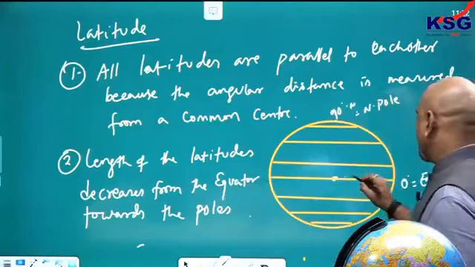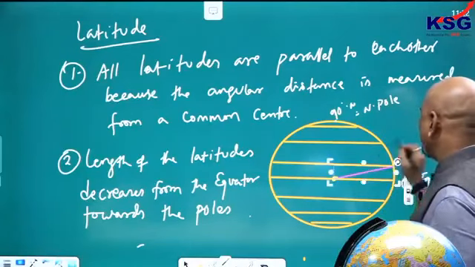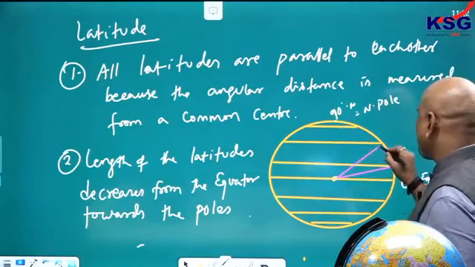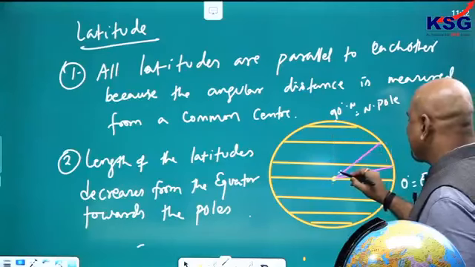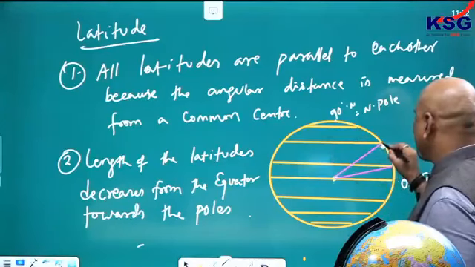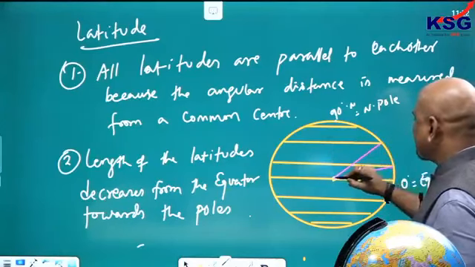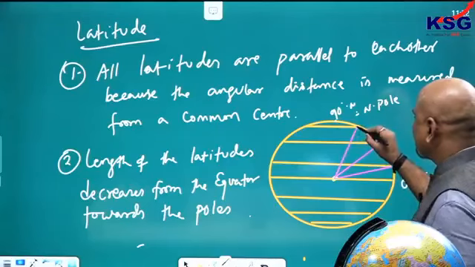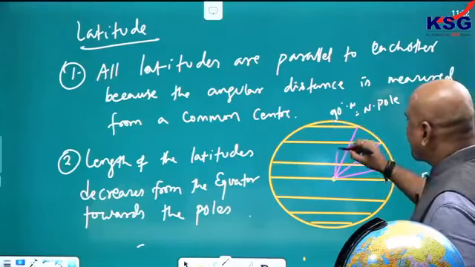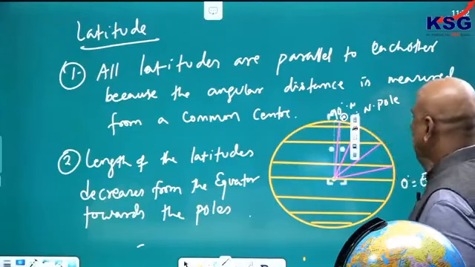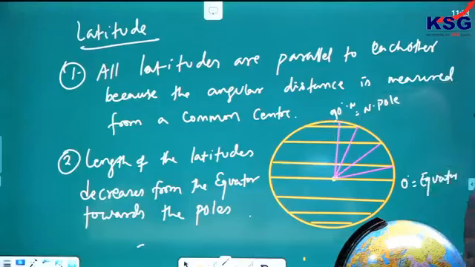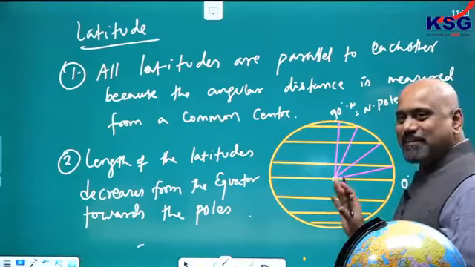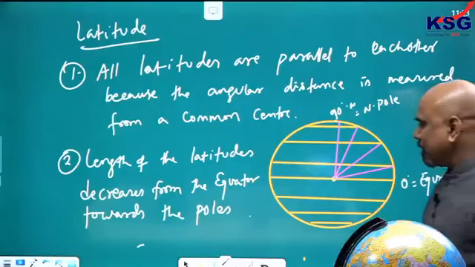Because from the common center you are taking this, it is like this. From the common center you are taking this, that is the cause. This is the angular value, we can see this, right?